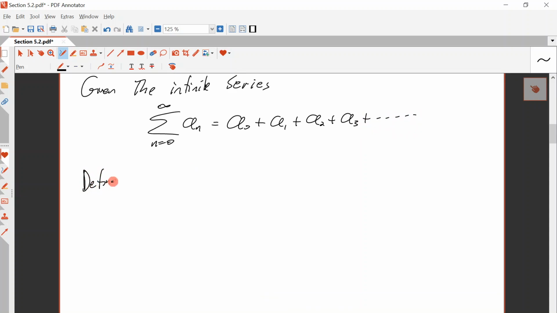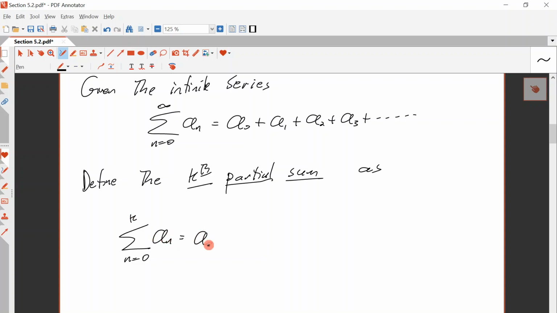Define the kth partial sum as the sum n equals 0 to k of a_n, which is a0 plus a1 plus a2 all the way up to a_k. Now that is defined, right?